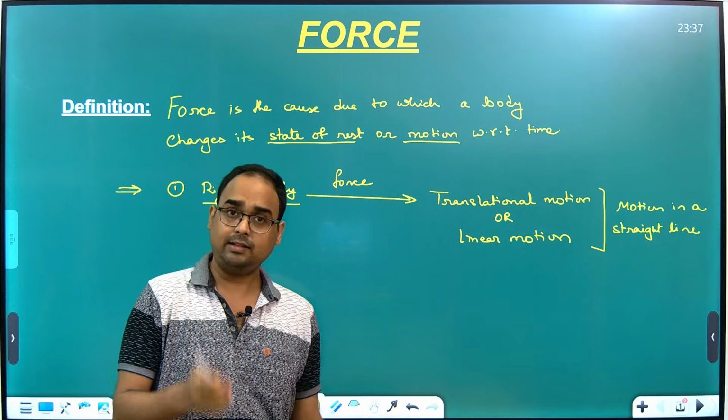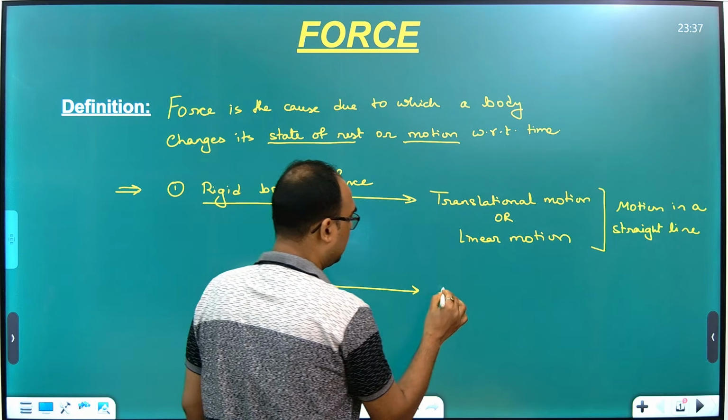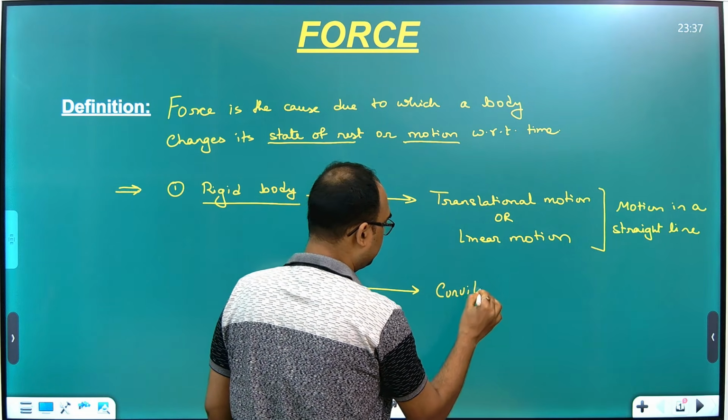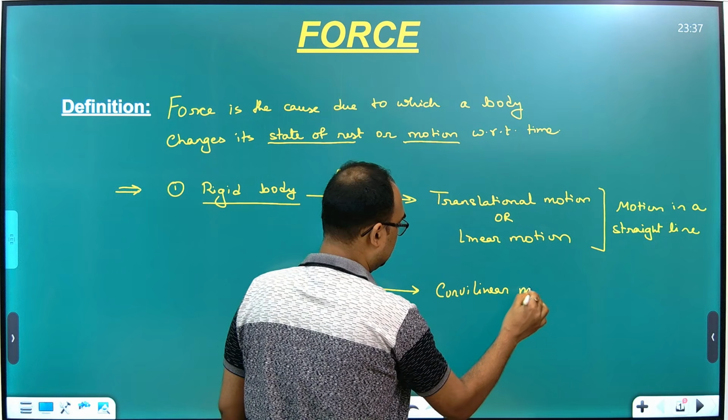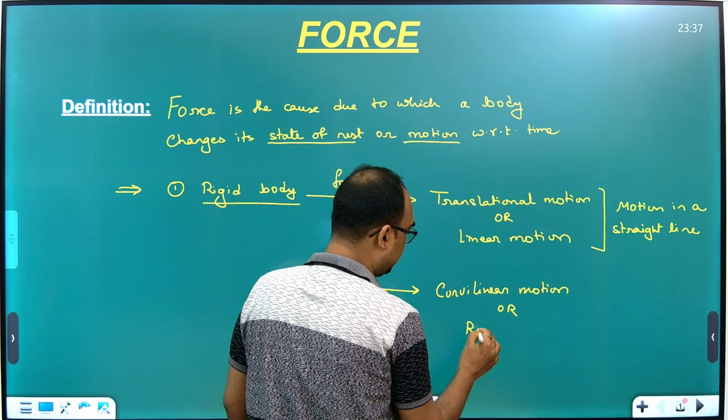Another type of motion can happen, that is a curvilinear motion, which means the body is moving in a curve, or a rotational motion.